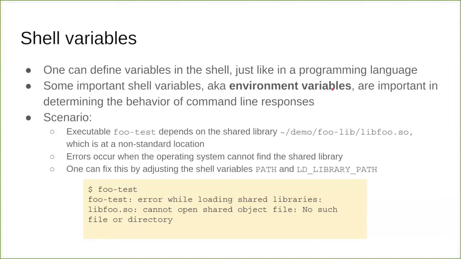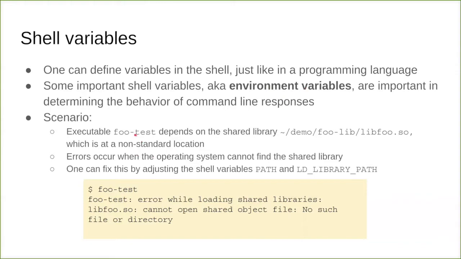They are particularly important because they control how the operating system works, depending on how you define them. So here, as an example, I want to show the importance of environment variables.